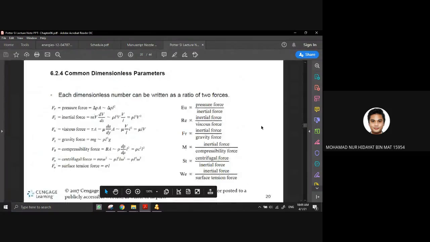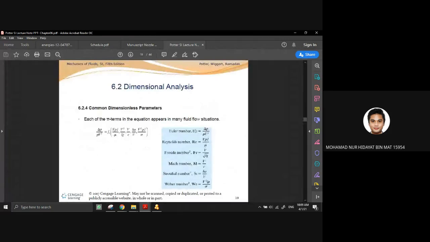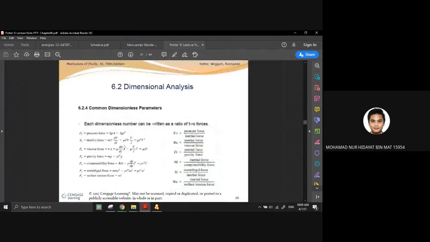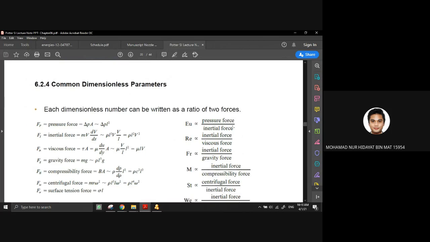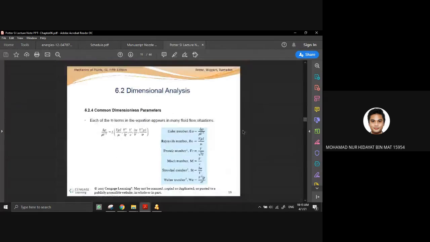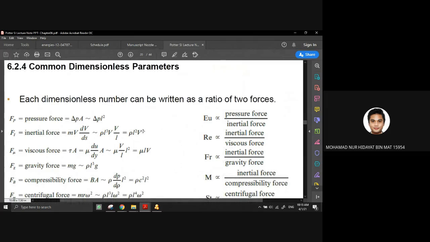Based on this, it forms the ratio. Look at the Euler number: delta P here is directly related to the pressure force, that's why it is pressure versus inertial force. Looking back at the Euler number's denominator, rho V squared, the inertial force has rho V squared times L squared, and L squared cancels with L squared.